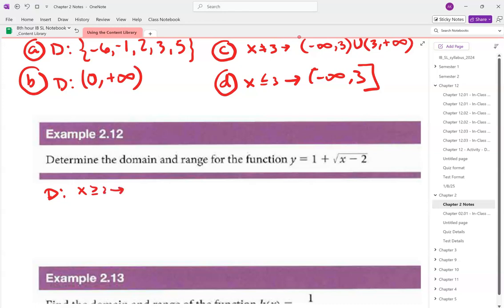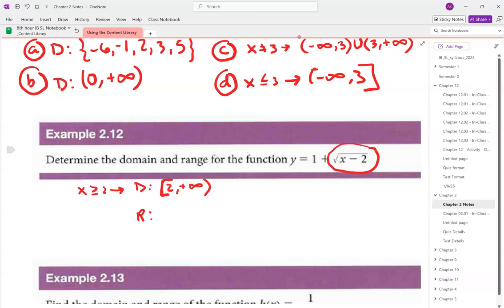So as an interval, you can take the square root of 0. That's fine, right?